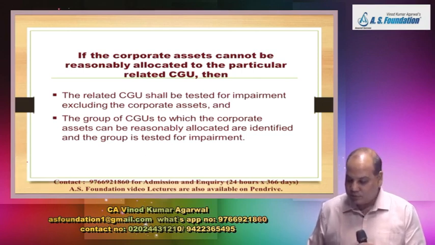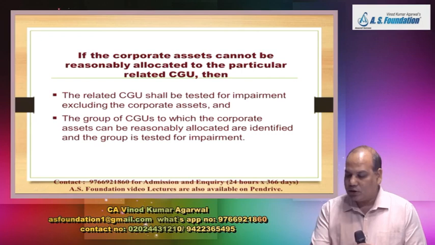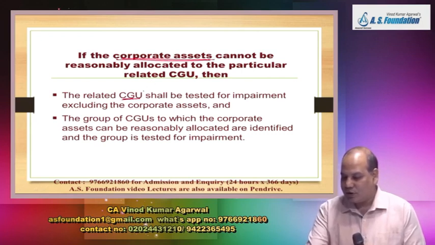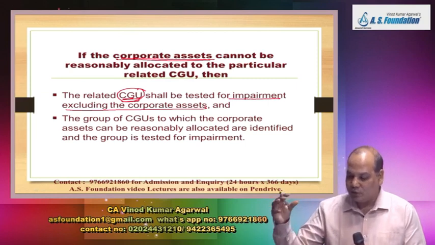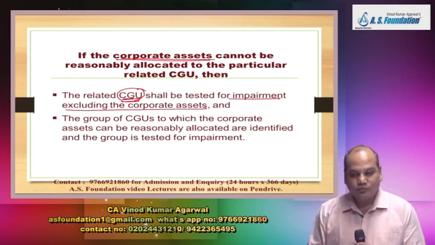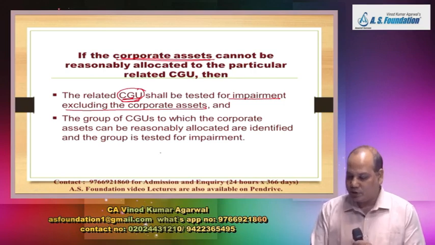So what they are saying is, if you can't allocate the corporate asset to the CGU, test the CGU for impairment without allocating the corporate asset, and then you find out the higher level group of CGUs to which the corporate asset can be reasonably allocated, and the group of CGUs will be tested for impairment.